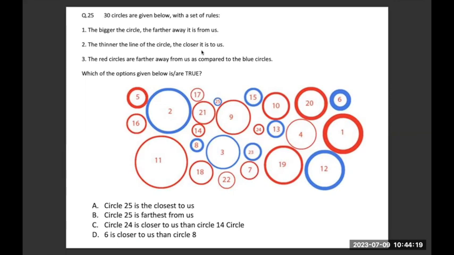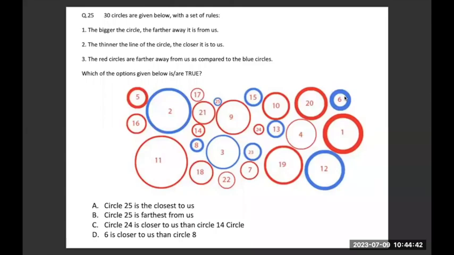The thinner the line of a circle, the closer it is to you. If it is thick, it is farther. And red circles are farther away compared to the blue circles. So you're given relationship of size of the circle, thickness of the line of the circle, and the color of the circle.